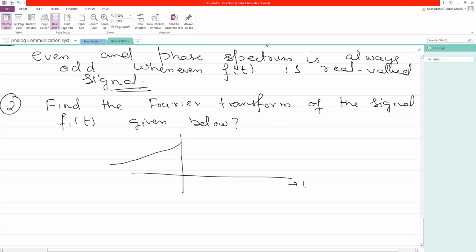This is positive t, this will be negative t, and this will tend towards 0 as t tends to infinity. So this value is 1, this is f1 of t. And this is equal to e raised to the power plus at u of minus t. This is your signal.